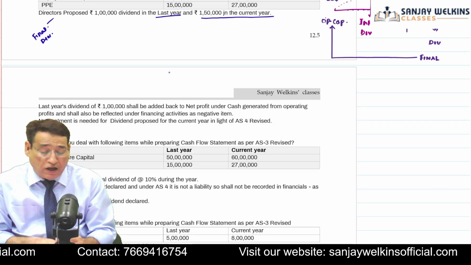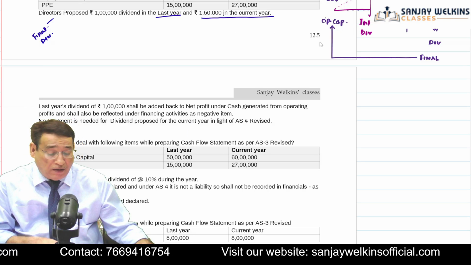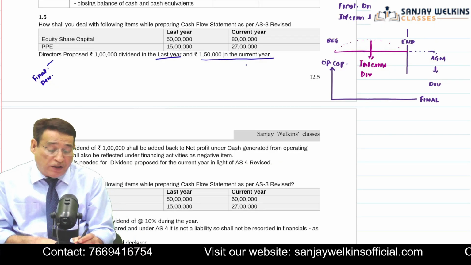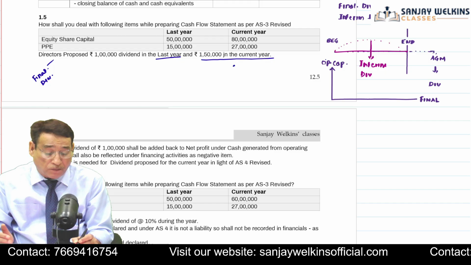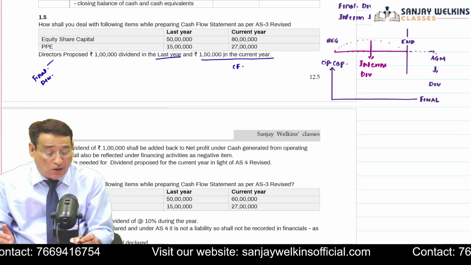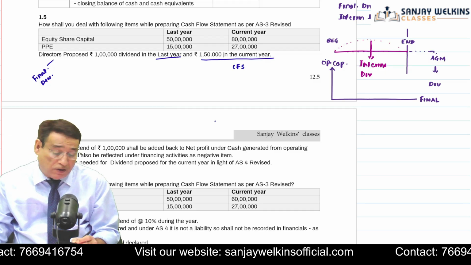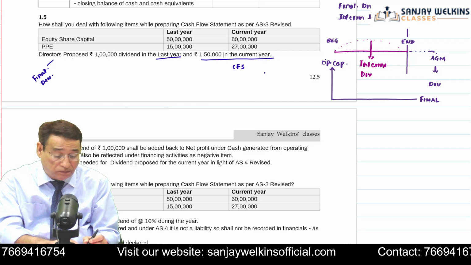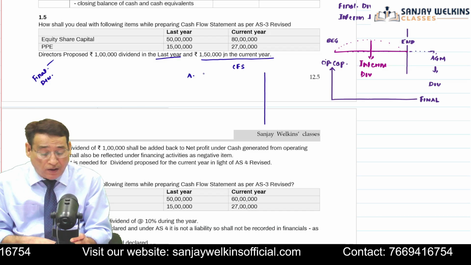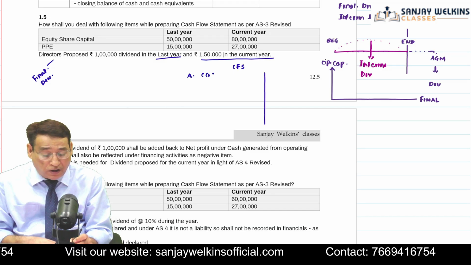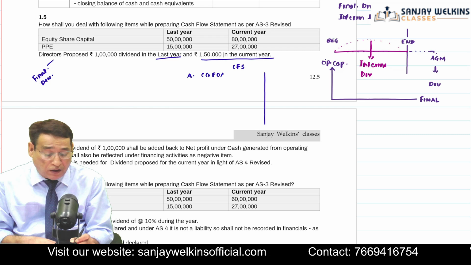So what will be the accounting treatment? See, when I am going to prepare the cash flow statement, this is my cash flow statement. Correct? A. Cash generated from operating activity.